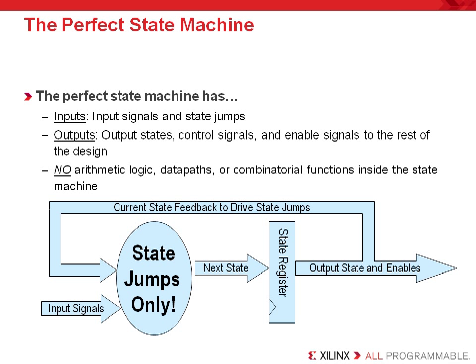Ideal finite state machines have inputs, outputs, and control enable signals. Inputs should only include input signals and state machine jumps. Outputs should only be output states, control signals, and enable signals. It is inefficient to build finite state machines with arithmetic logic, data paths, or combinatorial functions included within the finite state machine itself.